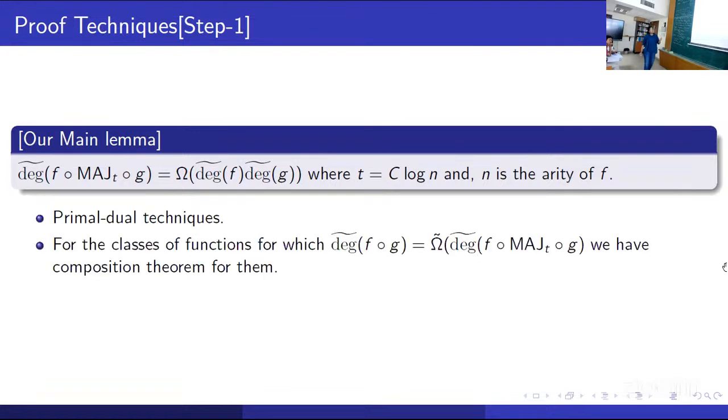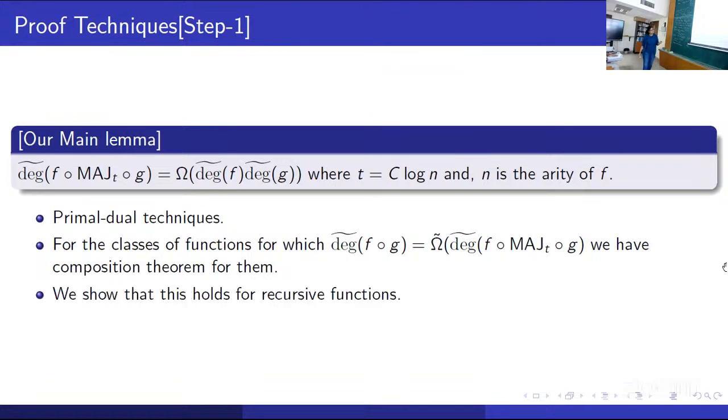Now clearly we are stuck here, and if for some classes of functions we are able to show that the decomposed G is lower bounded by this F composed with majority composed with G, with this log n loss in between that we are ready to lose, then we can prove a composition theorem for such classes of functions.